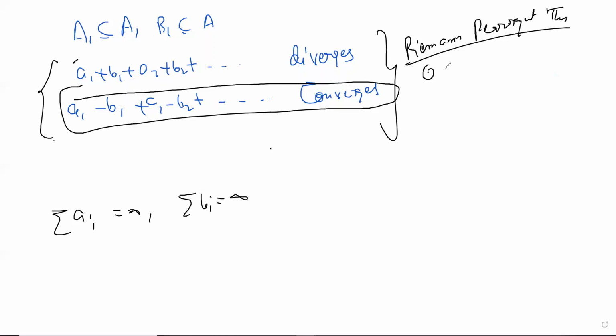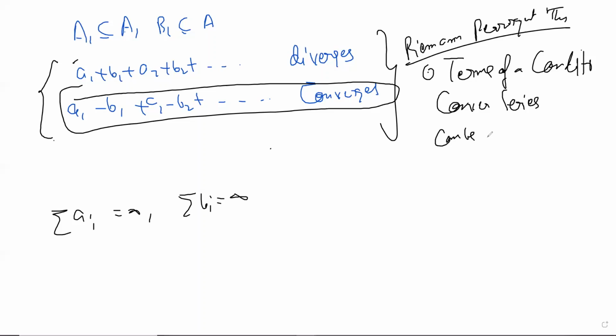So it's basically saying that the terms of a conditionally convergent series can be rearranged. We are basically rearranging, right? Because we are taking more AIs first, then delaying and taking the BIs later.